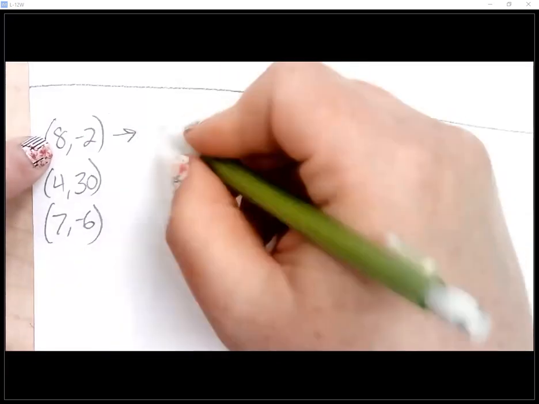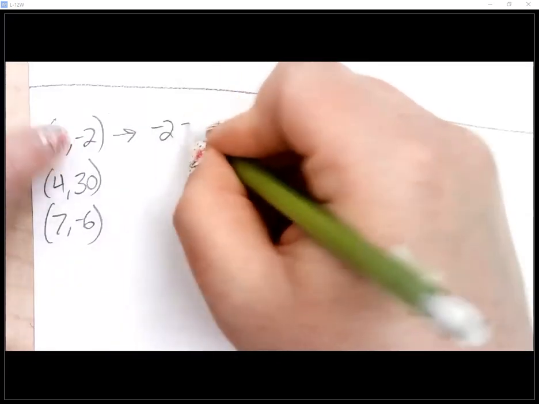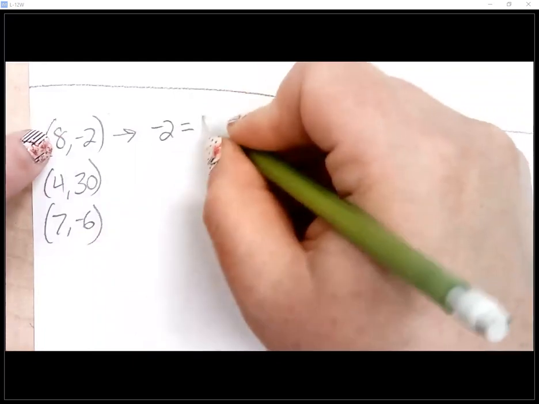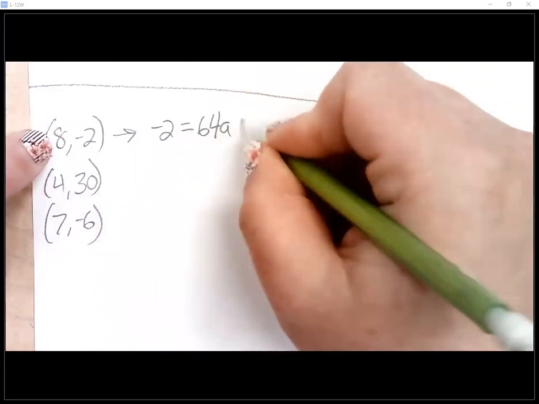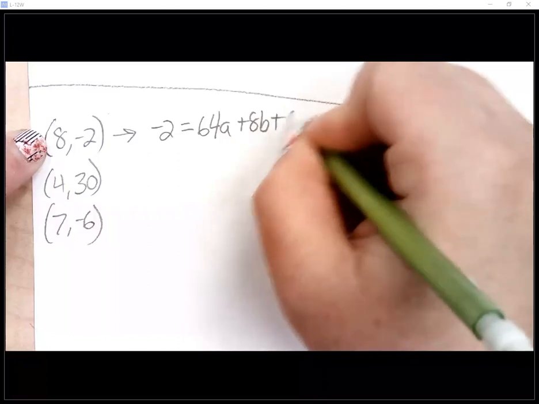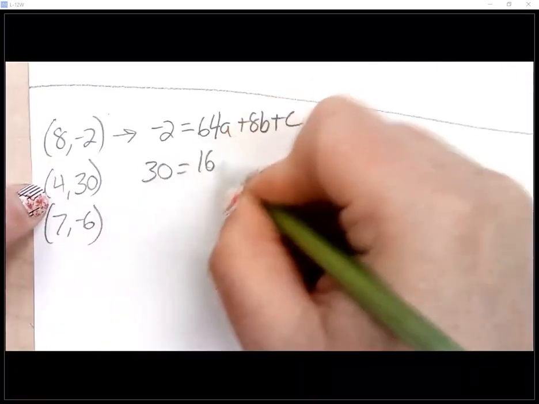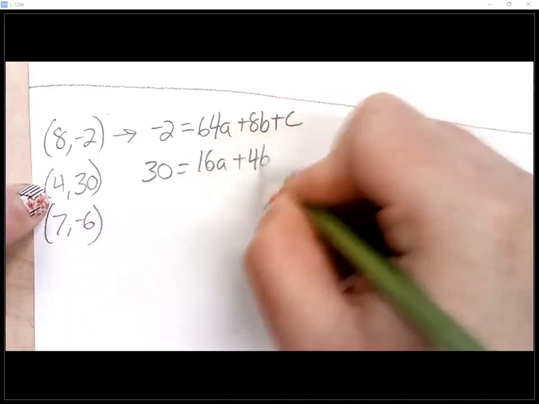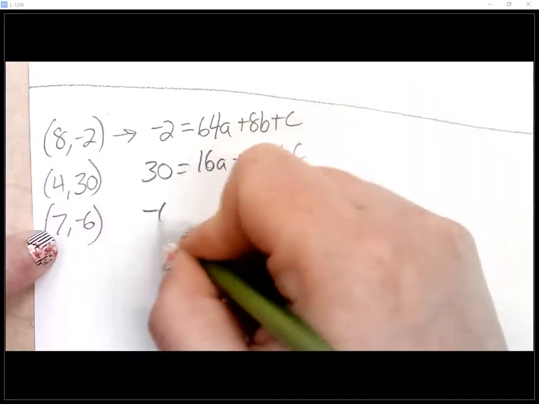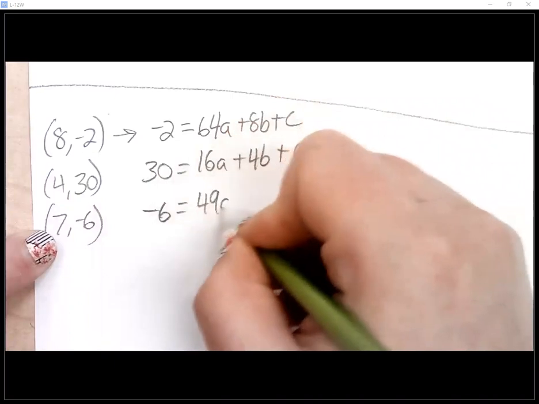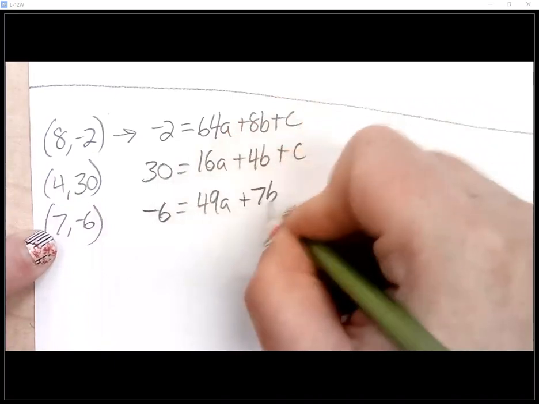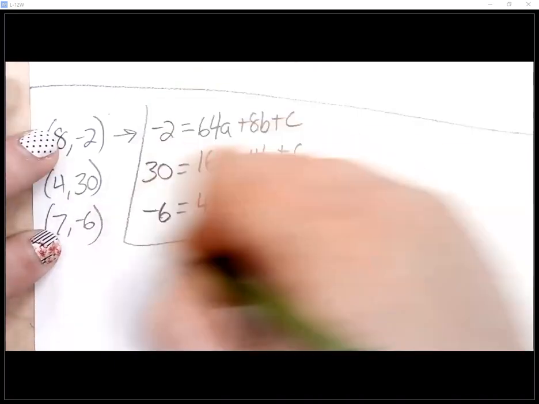So I'd have -2 equals A squared would be 64A plus 8B plus C. So there's 1. Then I'd have 30 equals 16A plus 4B plus C. And then I'd have -6, 49A plus 7B plus C. All right, so there are my 3.